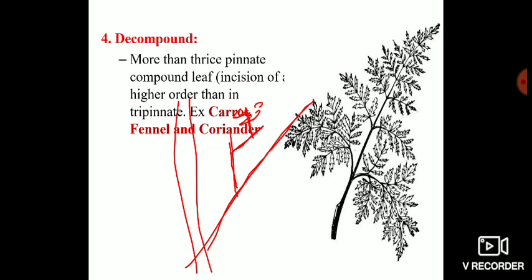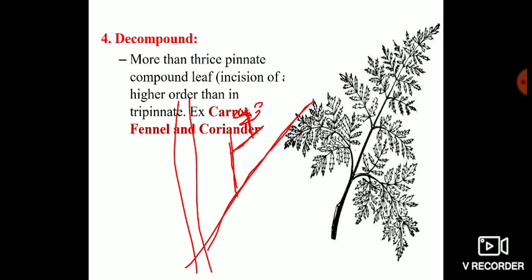So you can simply say, if you have a leaf and that leaf shows more than thrice pinnation, that type of leaf is known as decompound leaf. This type of leaf is present in carrot, fennel, and coriander.